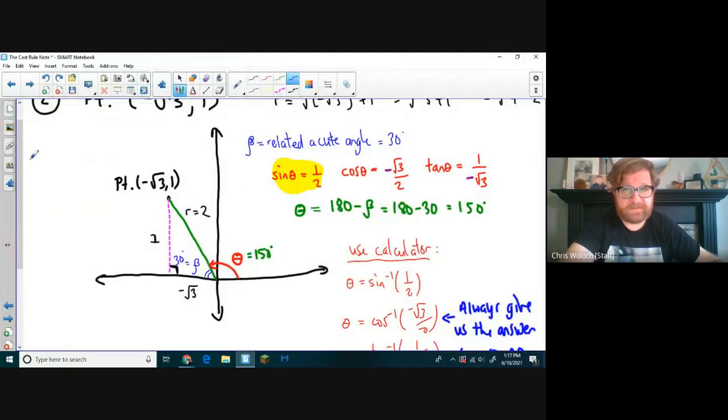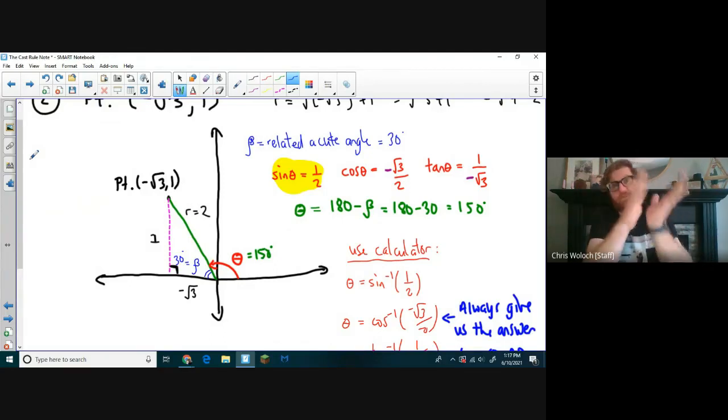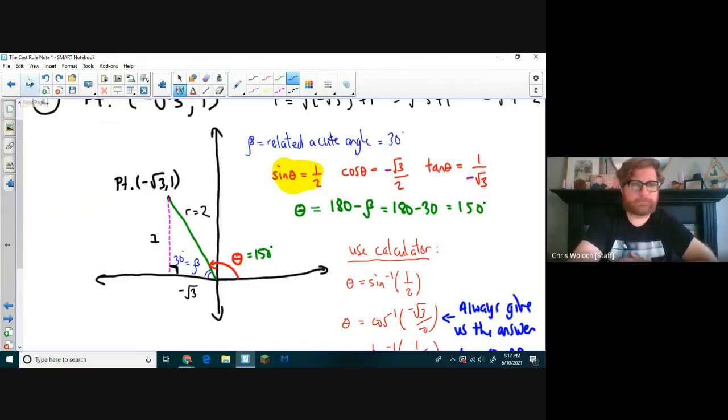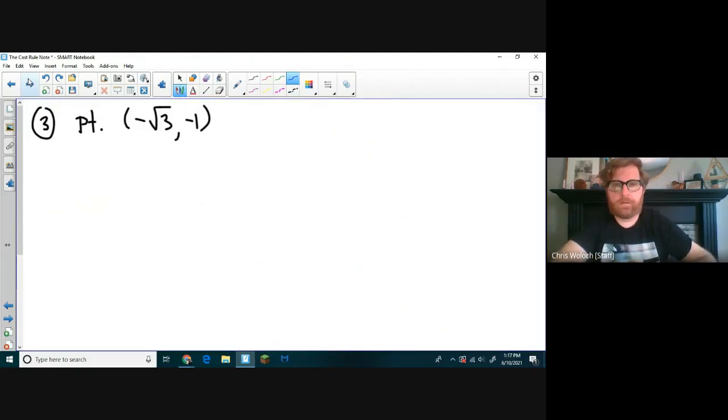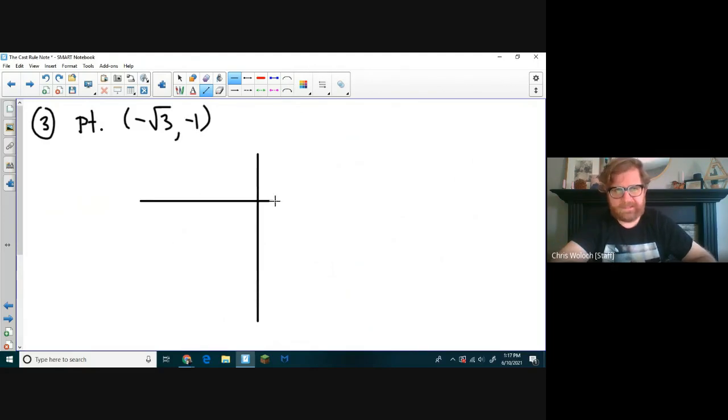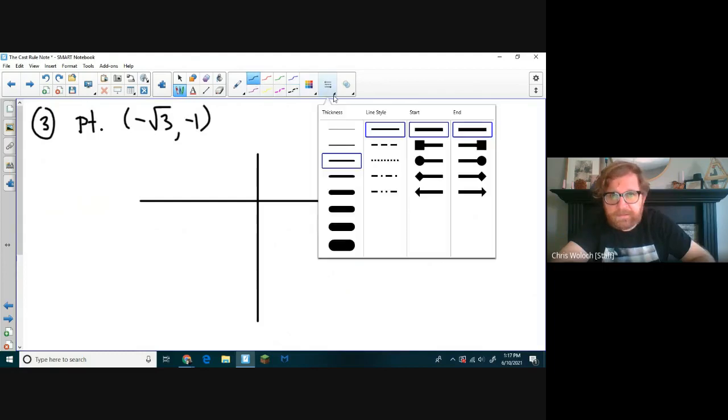That being said, let's do the exact same thing, but now we're going to take this terminal arm and swing it into quadrant 3. So we got that. Now, why didn't I use this before? All right, dumb teacher.